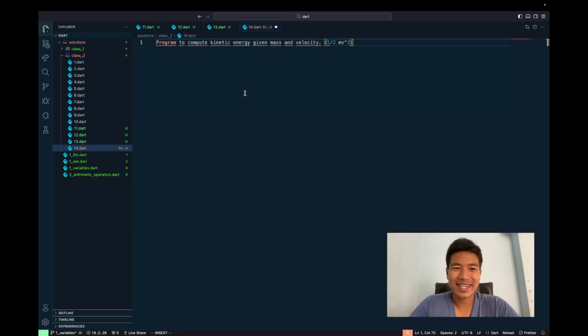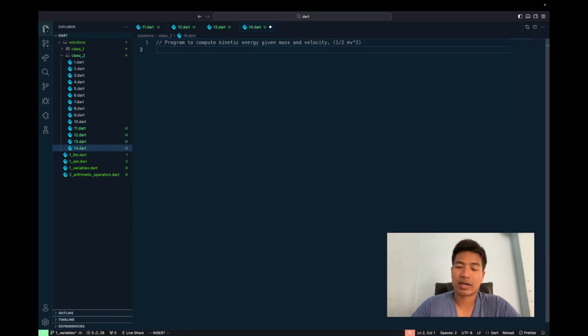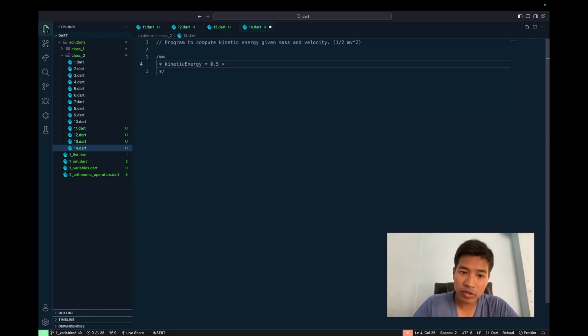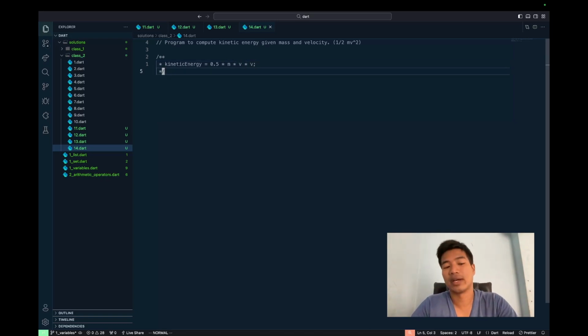Compute kinetic energy. The formula is very simple: kinetic energy is half mv squared. Half is 0.5, so 0.5 into m into v into v, that is mv squared. So half mv squared.